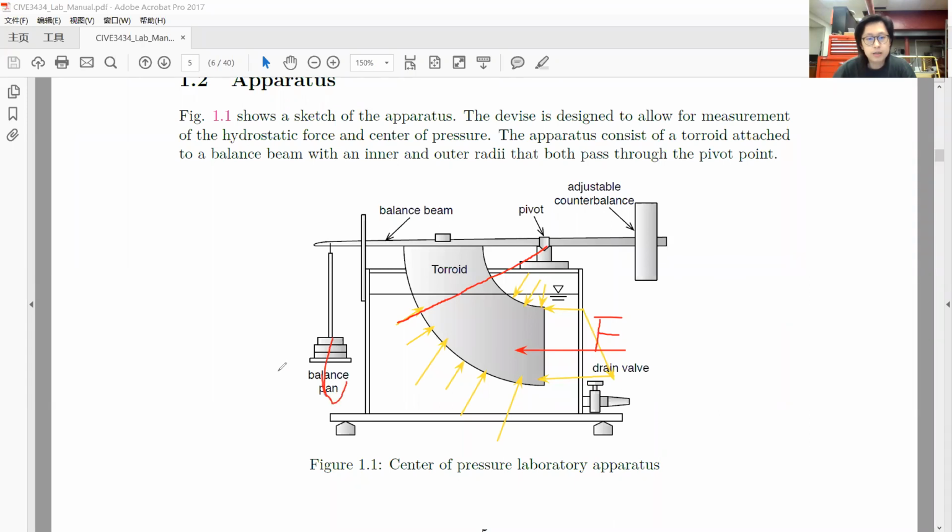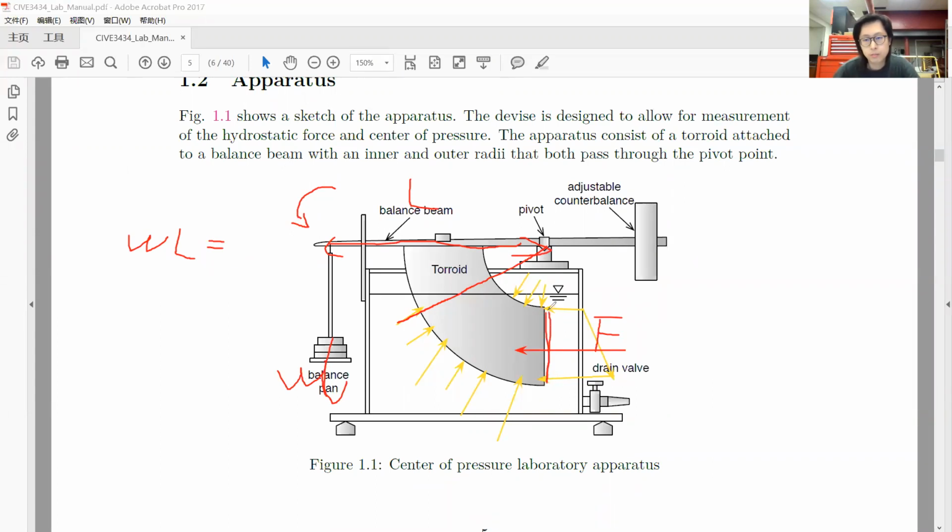Let's see, this is our W, and the length in here is L. Okay, so this force will give at the pivot point a counterclockwise moment. Okay, W times L should be equal to the hydrostatic force only on this vertical surface in here.